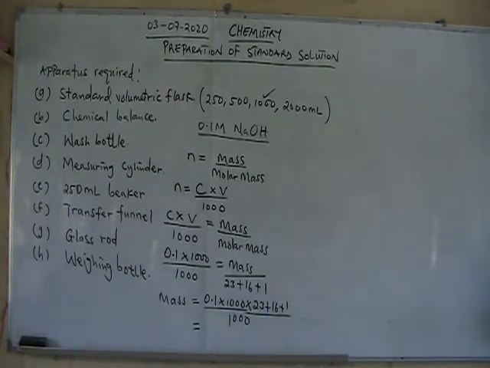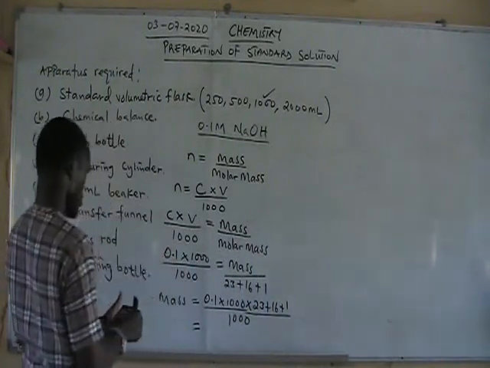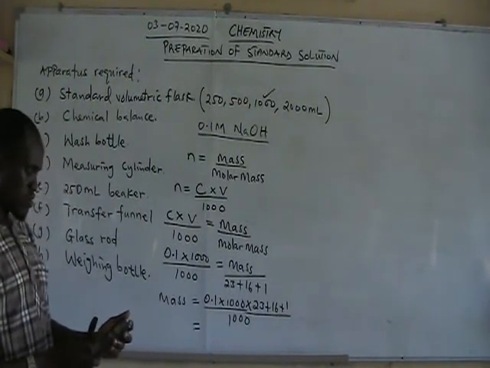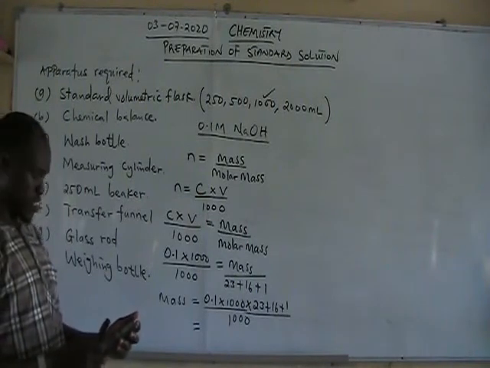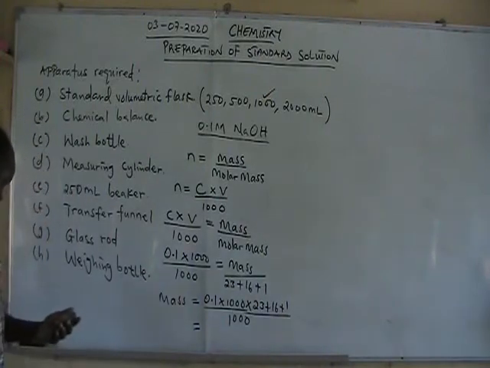Okay, so by the time you punch your device, you are going to have this as your answer. 0.1 times 1000 will give you 100.